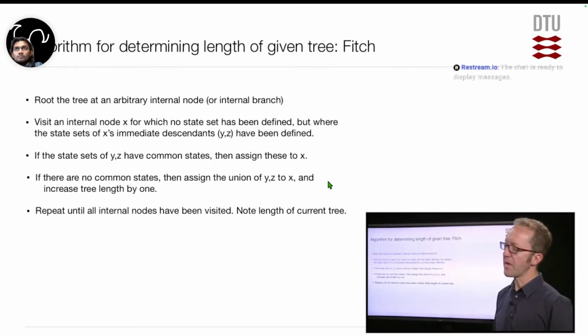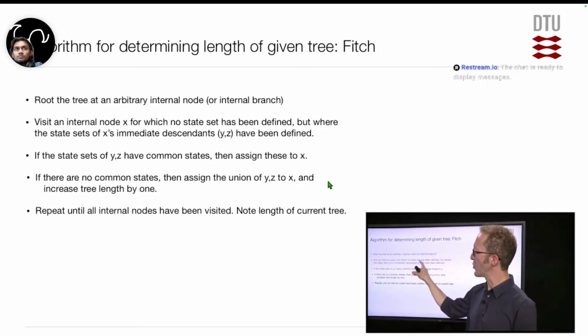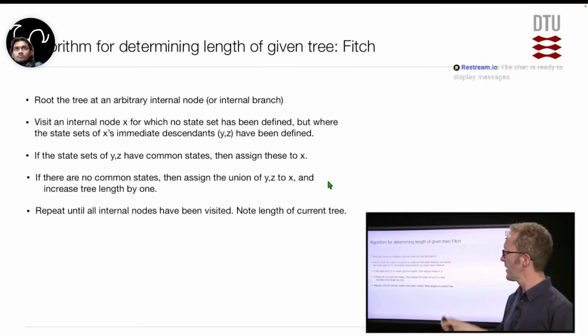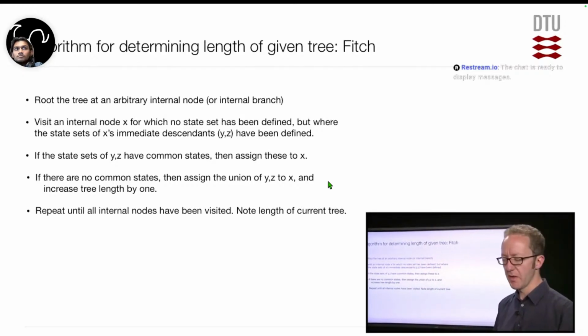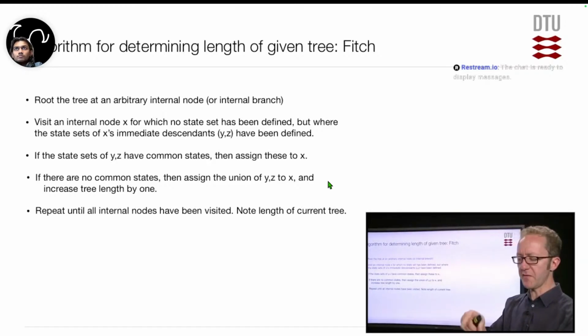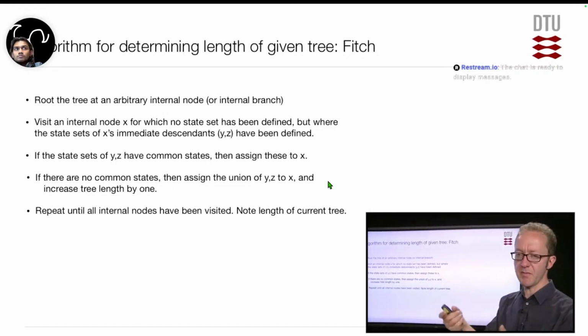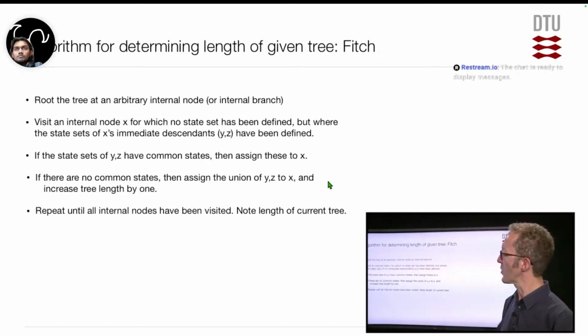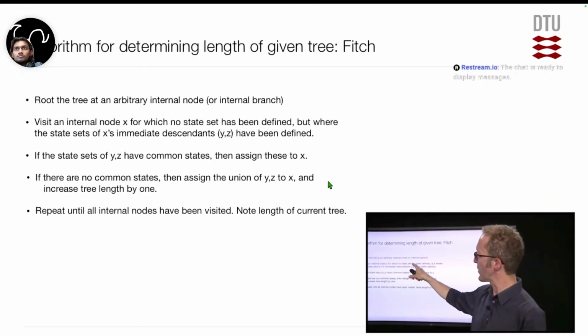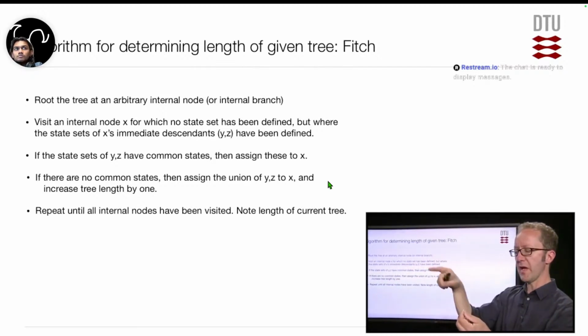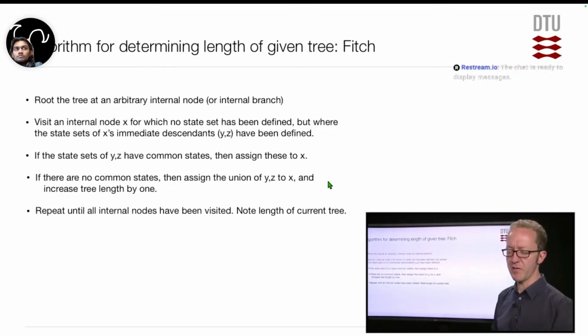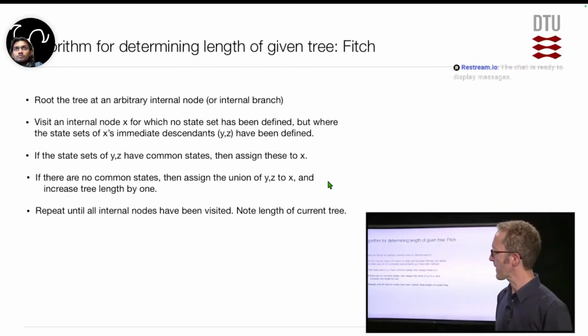You then start by visiting some internal node X, for which we have no state set, I'll return to what that is, but where we know the state set of its immediate descendants. So a state set could be a number of possible nucleotides. For a leaf, there is just a single nucleotide, namely the nucleotide that's actually present there. So an internal node where we don't know the state set, but where we know the state set of its descendants, would be an internal node having 2 leaves attached to it.